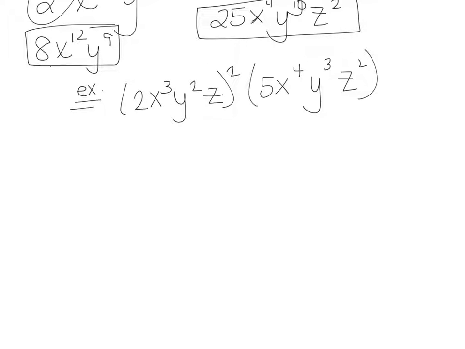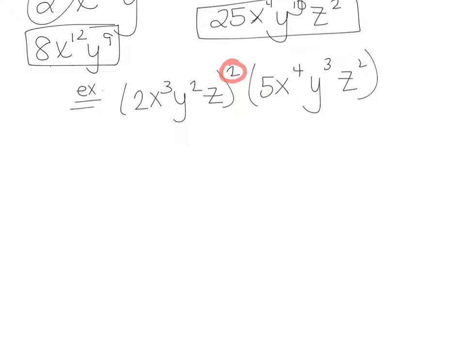First thing I notice is that I have this 2 on the outside. So when we were solving equations in the beginning of the year, remember we always distributed first? Well, the same thing applies here. Always distribute first. So that 2 that I circled, does that 2 belong to this first parenthesis or the second parenthesis? It belongs to this first parenthesis.